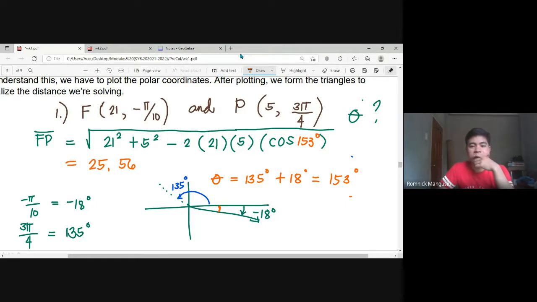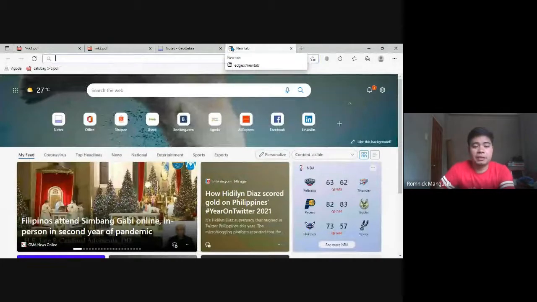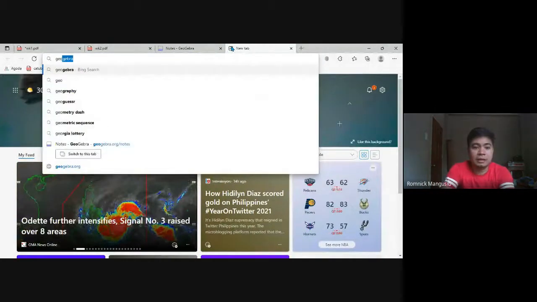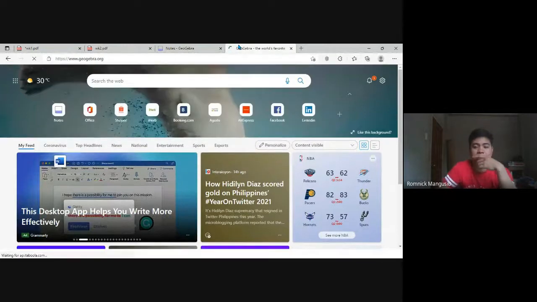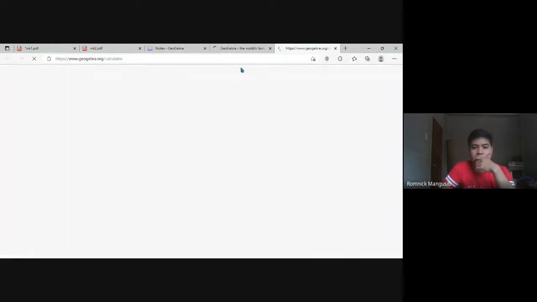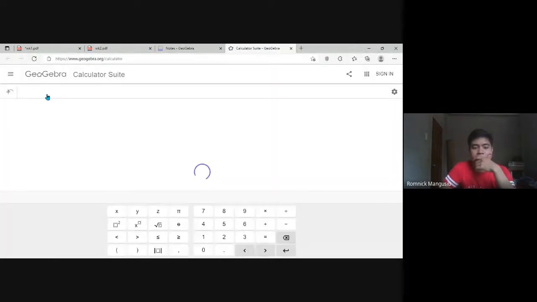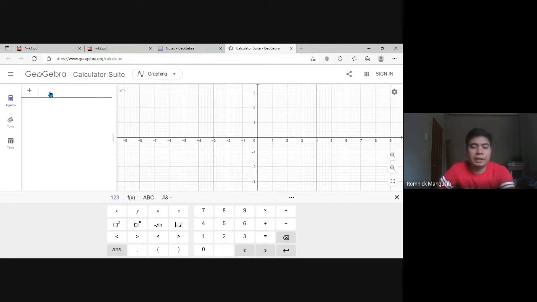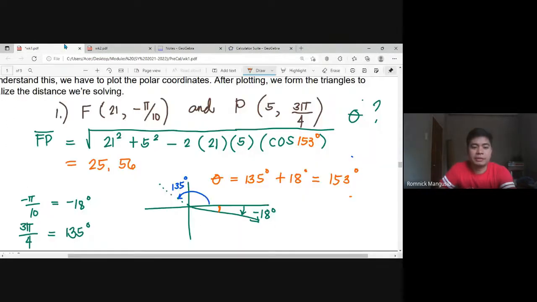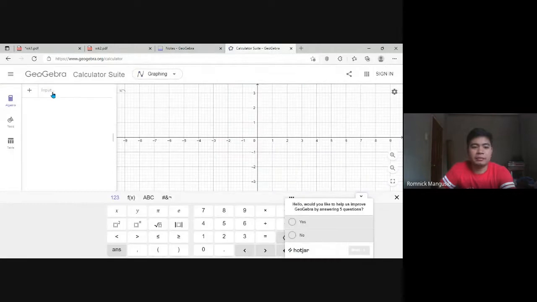So kung gusto niyo yan malaman, kung pwede din naman yan patunayan sa GeoGebra. You can prove that by the geogebra.org. Pwede natin yan ipakita. So we have the first coordinate 21 negative pi over 10.